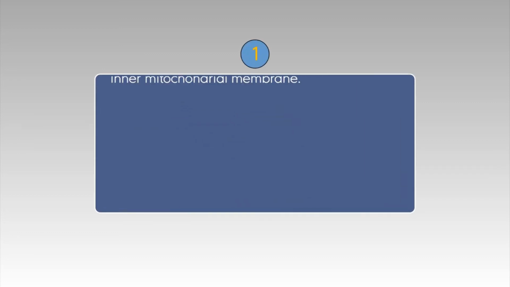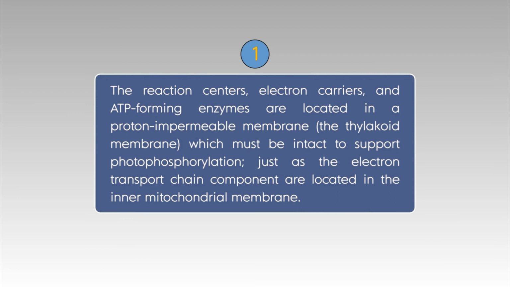Number 1. The reaction centers, electron carriers, and ATP-forming enzymes are located in a proton-impermeable membrane, that is the thylakoid membrane, which must be intact to support photophosphorylation, just as the electron transport chain components are located in the inner mitochondrial membrane. Number 2.